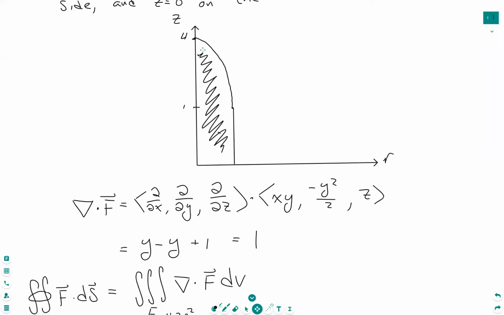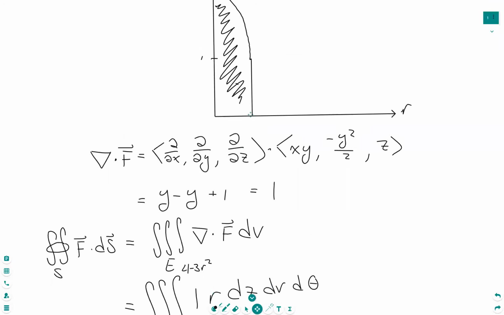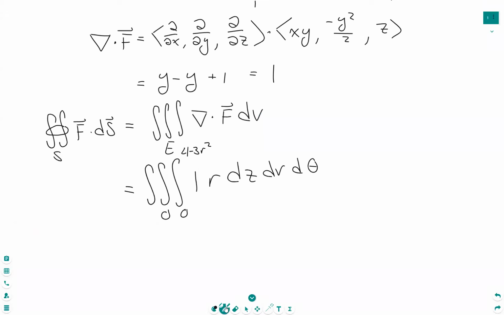And if you think about what happens when you project this down, you just get the circle. So this goes from 0, and the radius of this circle is going to be defined by the outside of this cylinder here, which just happens to be 1. I guess I didn't write that here. Remember, this is defined by x squared plus y squared is equal to 1. So this goes from 0 to 1. And then we go from 0 to 2 pi to make sure that we revolve that object all the way around.